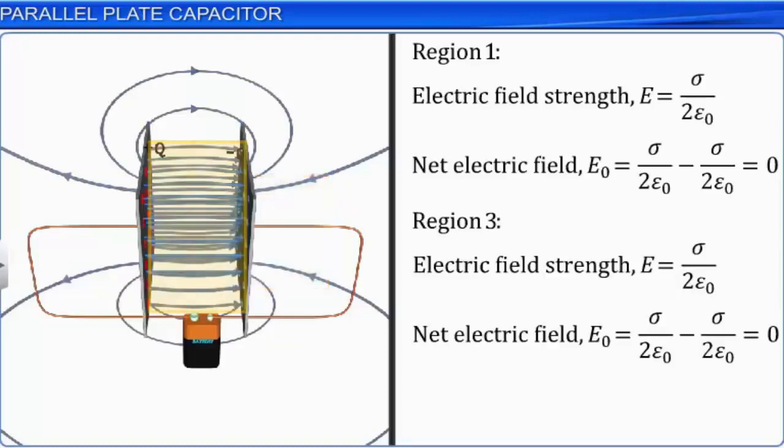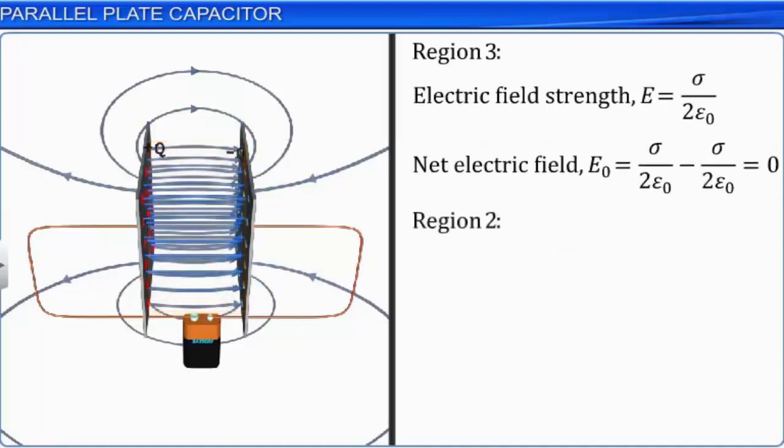Now let us look at region 2 between the plates of the capacitor. In region 2, we see that due to the positive plate of the capacitor, the electric field strength E is equal to sigma by 2 epsilon naught, and directed away from the positive plate and towards the right.